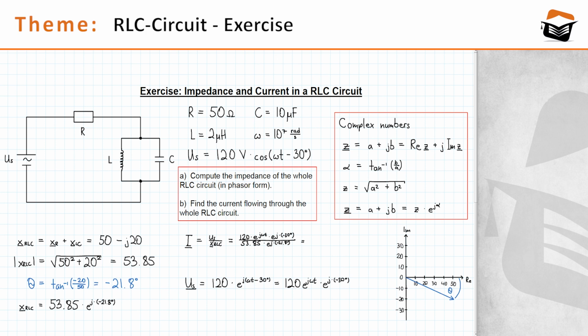And if you carry out this division, you're gonna get 2.28 amps, just to let you know that the unit is amps, but I'm not gonna write down the unit because it's a complex number, times e to the power of j omega t times e to the power of j, and then minus 30 degrees plus 21.8 degrees, plus, because minus a negative number means that we add a number, and that gives us minus 8.2 degrees.